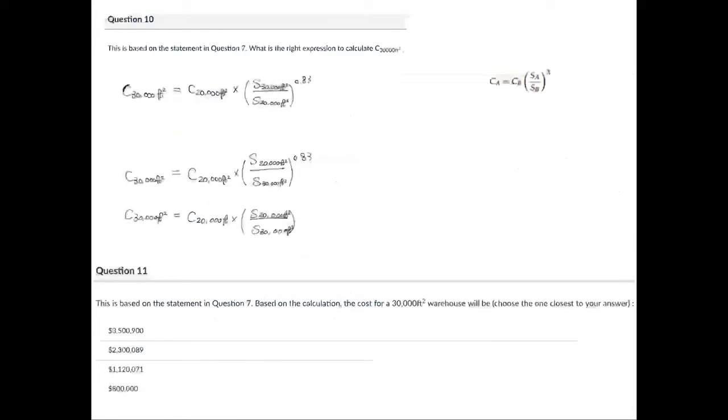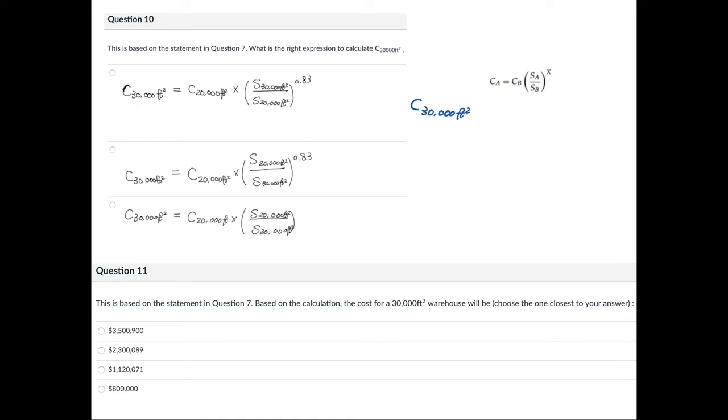And then now you need to write down this equation. Okay, so the CA is something you want to find out. So in this case, it is the bigger warehouse cost you want to find out. So CA should be 30,000 square foot. Okay, so that's the cost of the bigger one, the bigger warehouse. And then you put all the known variables on the right side. So the cost you already know is for the 20,000 square feet warehouse.